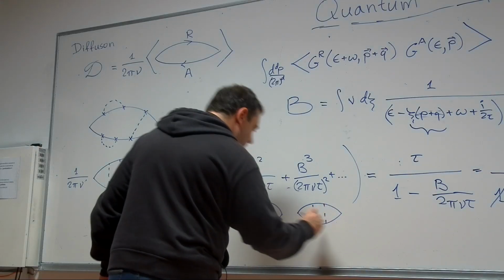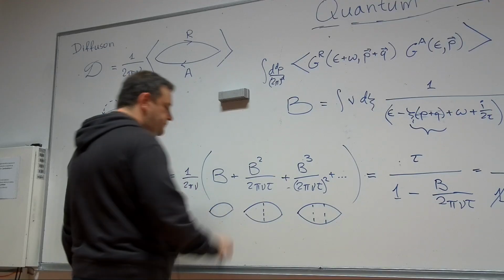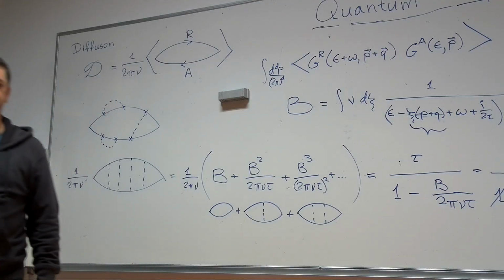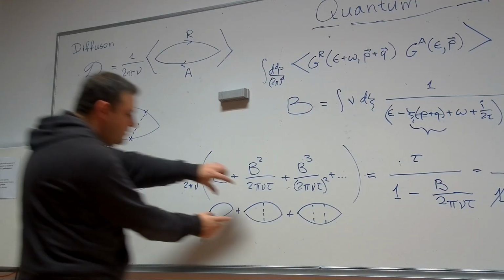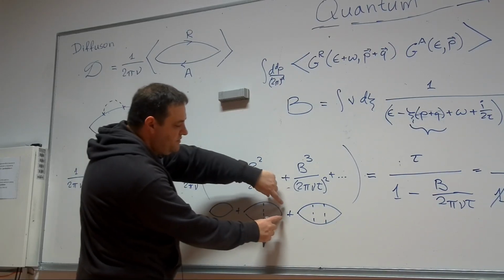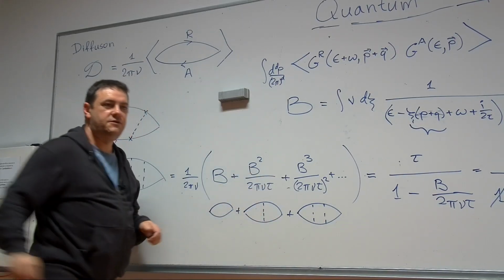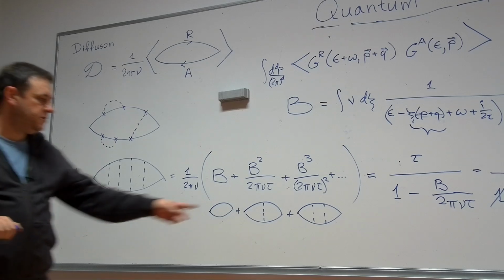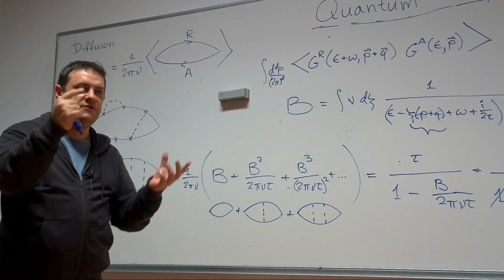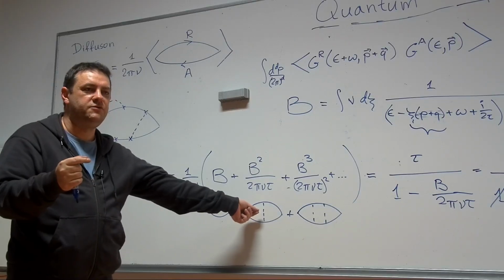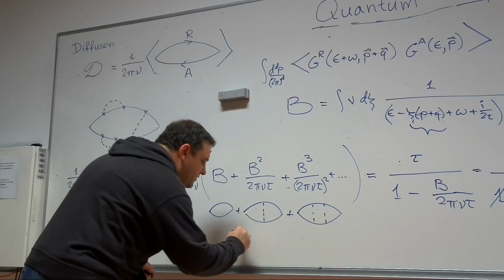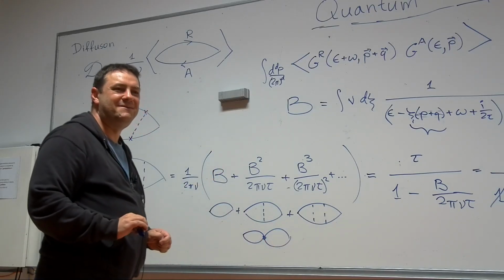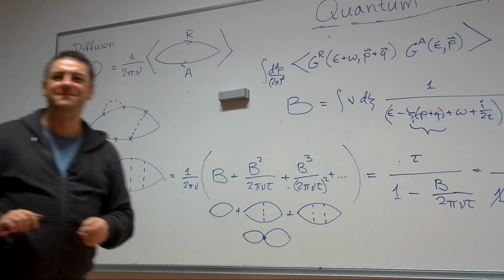This term is with 2 lines, and this term is with 0 lines, and they're all summed. This is 1b, these 2 green functions. This is the second b, and the vertical line is this denominator. Actually, this thing is a delta function, so it's a single point in real space. I can as well draw it like this. This will be a single point. Then it looks more like b taken twice.